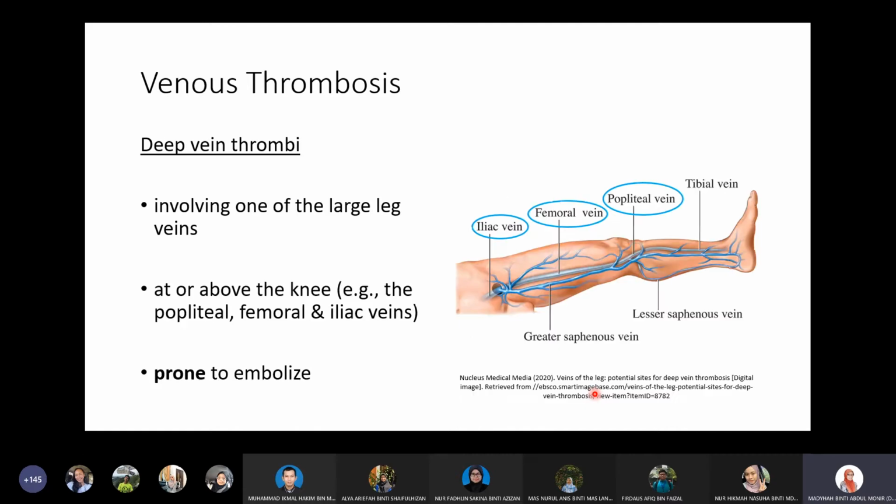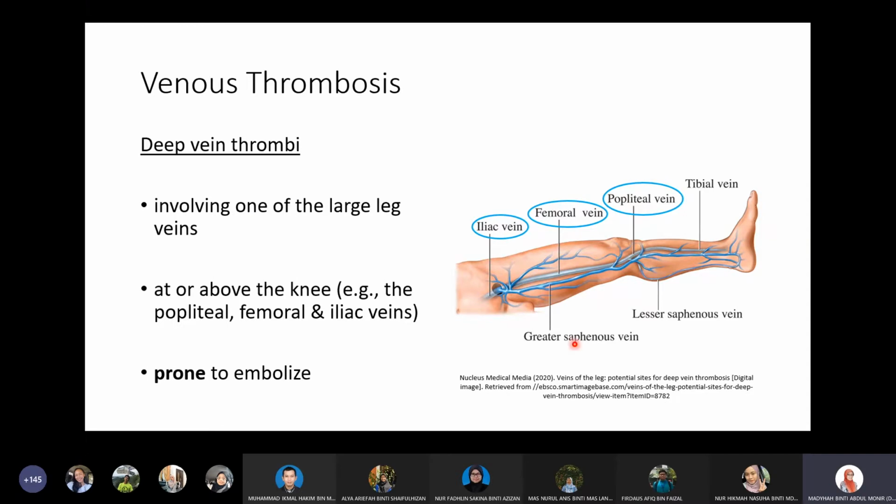The more common venous thrombosis is what we call deep vein thrombi or deep vein thrombosis. Sometimes we call it DVT. It will involve one of the large leg veins, usually at or above the knee region.